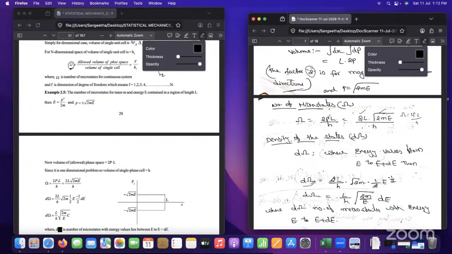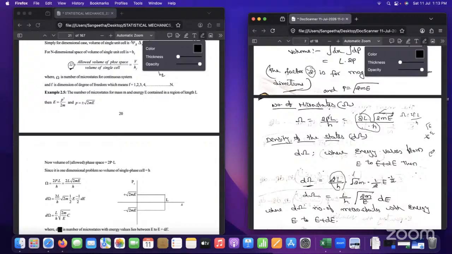Differentiating, d rho equals, here 2L by h is constant. This constant term is kept beside, and I am differentiating with respect to E. So 2m is written separately. For root E, what is the differentiation? We write E to the power of 1/2.